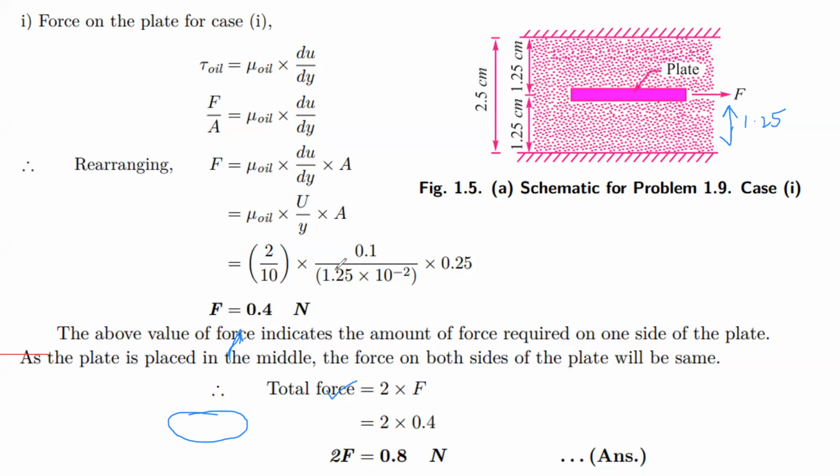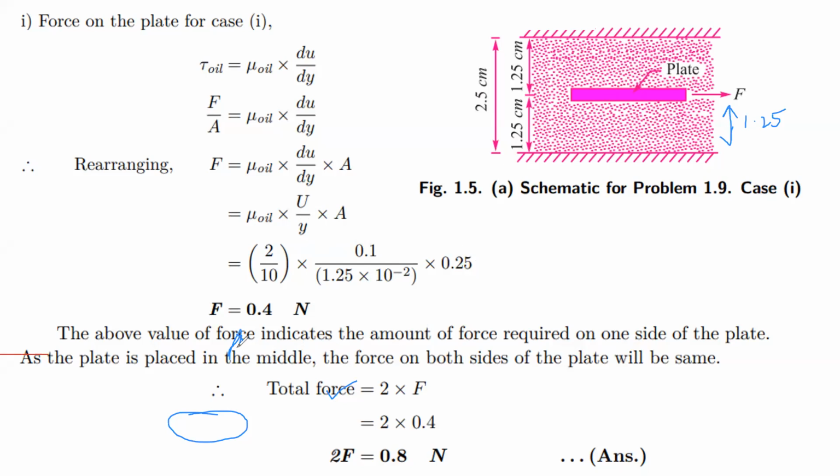Therefore I have to take 1.25 into 10 to the power of minus 2. I will calculate the shear force on any one face. So 1.25 into 10 to the power of minus 2 is the gap where oil is present between this surface and the plate, and the area of the plate is 0.25.